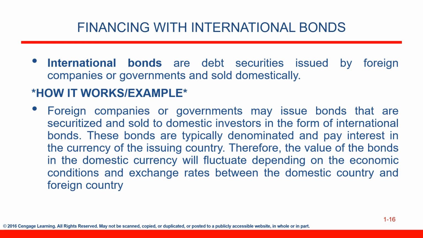Foreign companies or governments may issue bonds that are securitized and sold to domestic investors. These bonds are typically denominated and pay interest in the currency of the issuing country. Therefore, the value of the bonds in the domestic currency will fluctuate depending on the economic condition and exchange rates between the domestic country and the foreign country.